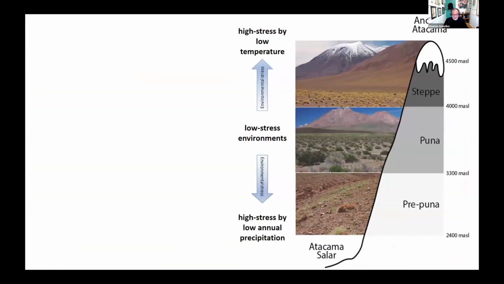Consider that vegetation is restricted by extremely low temperature in the upper limit of this altitudinal transect, whereas the lower limit of this transect is characterized by almost no precipitation.